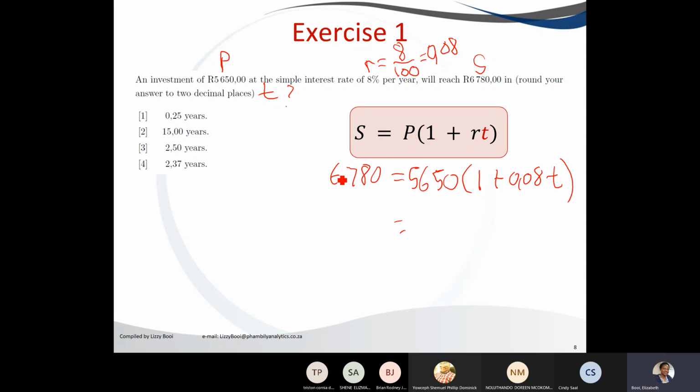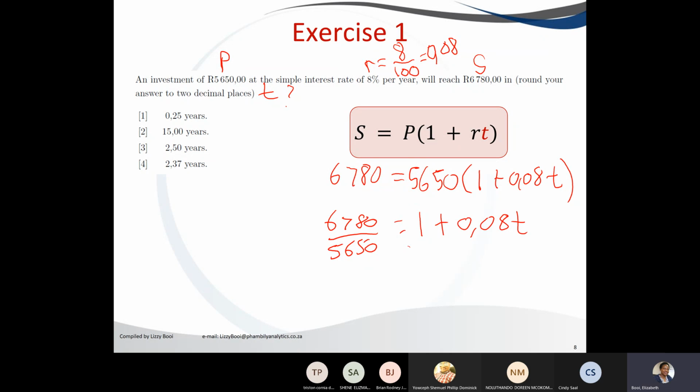So we can divide this side by 5,650 and divide the other side by 5,650. We'll end up having 6,780 divided by 5,650 on this side, and on the other side, 1 plus 0.08T.